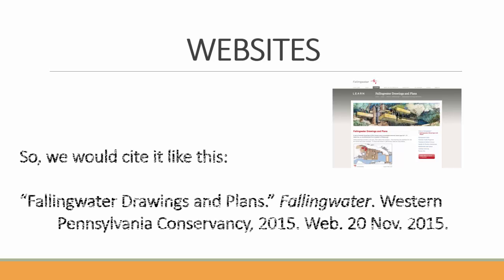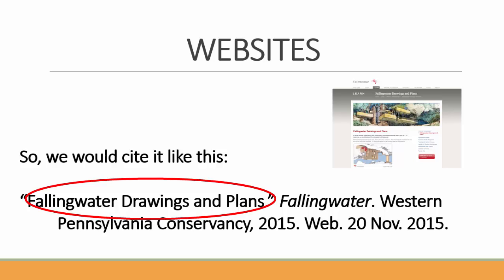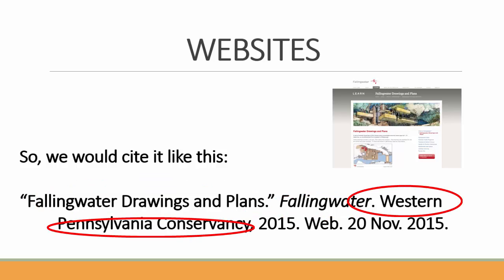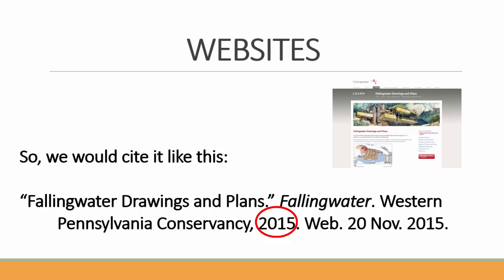To credit this website, we would write it like this: Fallingwater Drawings and Plans, Fallingwater, Western Pennsylvania Conservancy, 2015, Web, 20 November 2015. Again, notice the order of the information, the punctuation between the types of information provided, the title of the site in italics, and the second line indented.